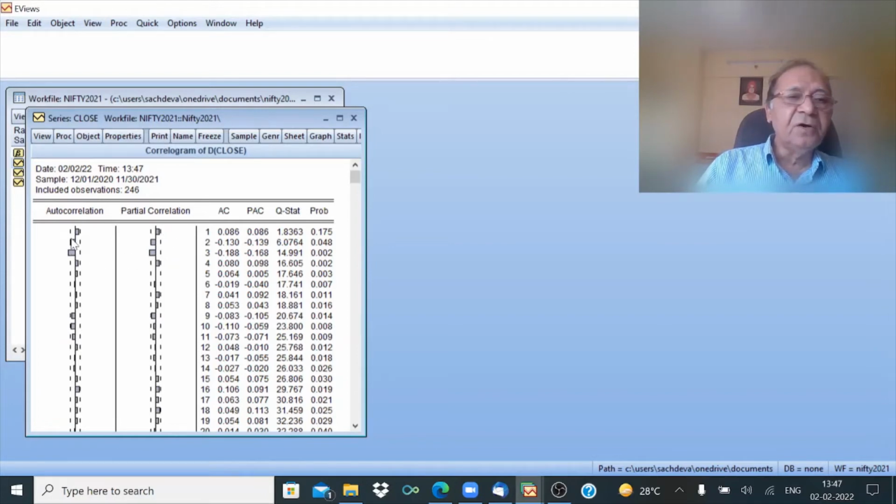But in case of lag 2, the autocorrelation line is spreading, and the probability for this is less than 0.05.